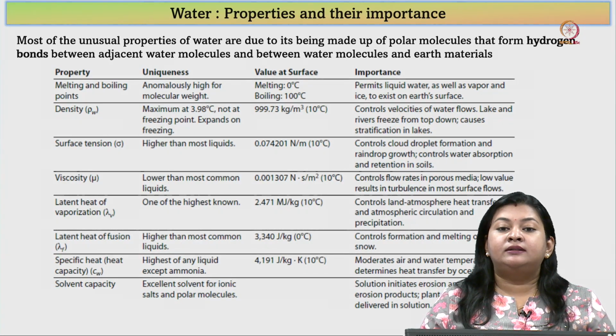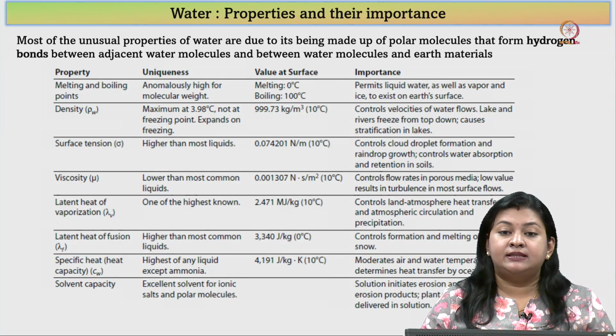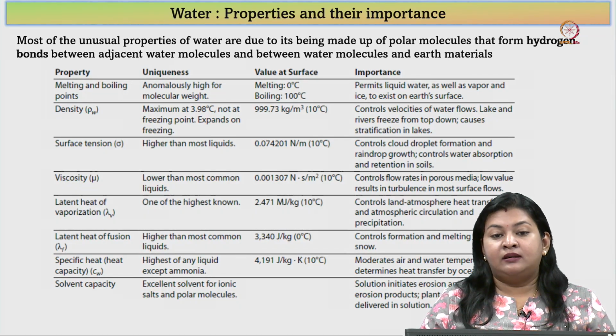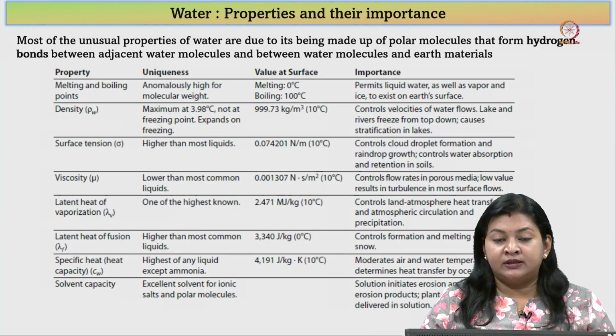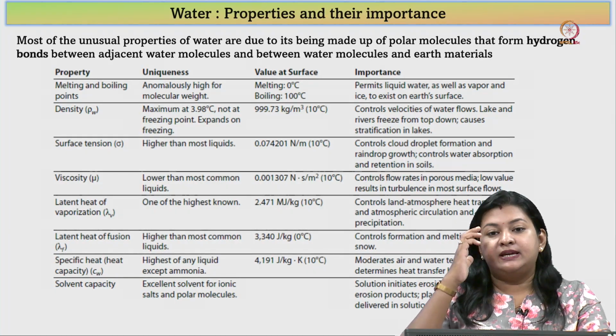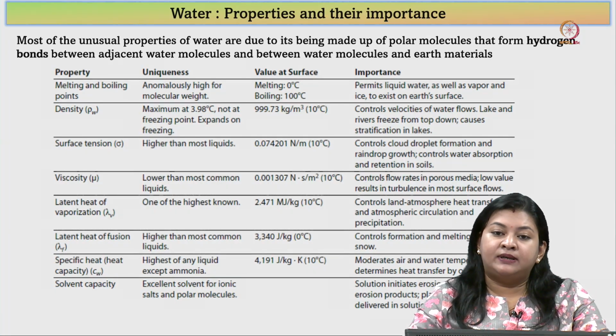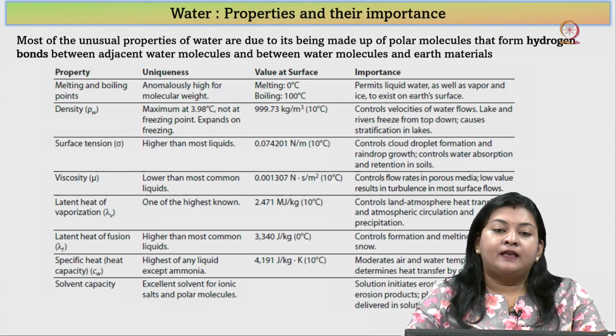So, what are the properties, its uniqueness, and its importance, especially for the global hydrological cycle and in controlling the aquatic chemistry in different kinds of aquatic environments?